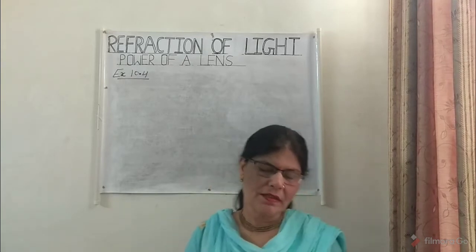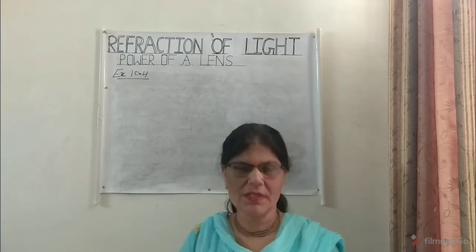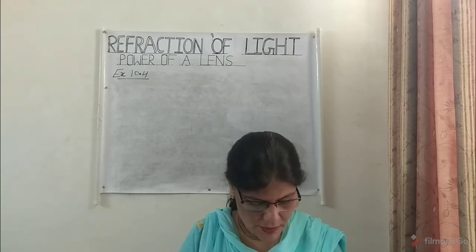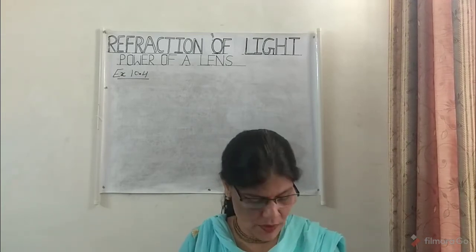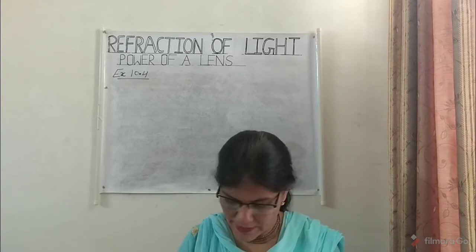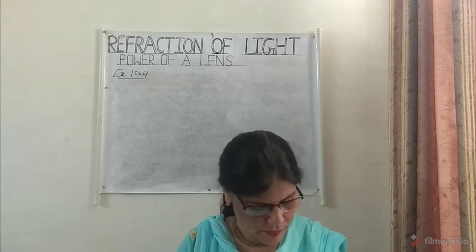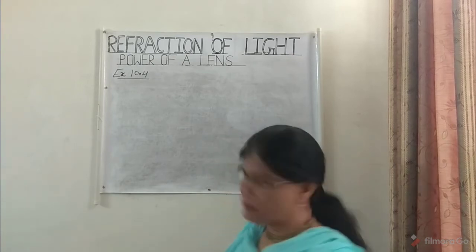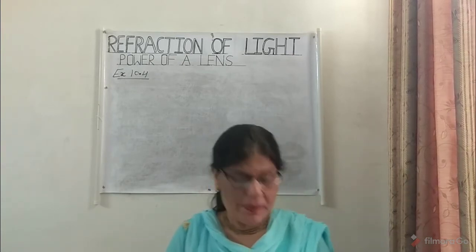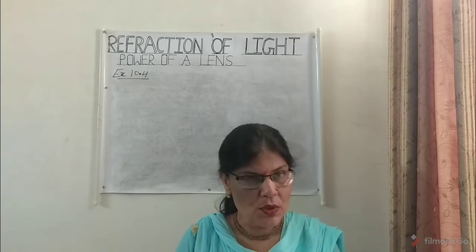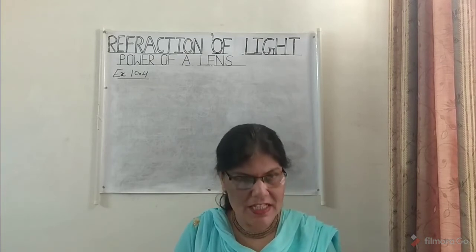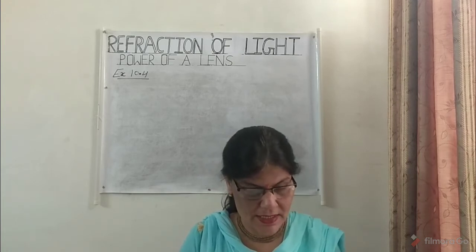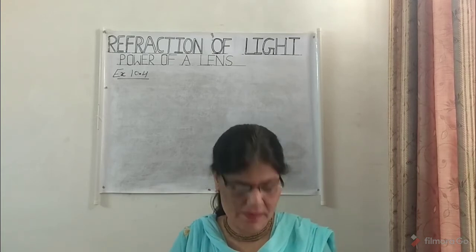Now we have studied almost all the topics of this chapter. So let us consider one numerical from the NCERT textbook, page number 182, example 10.4. In this example, a 2 cm tall object is placed perpendicular to the principal axis of a convex lens of focal length 10 cm.